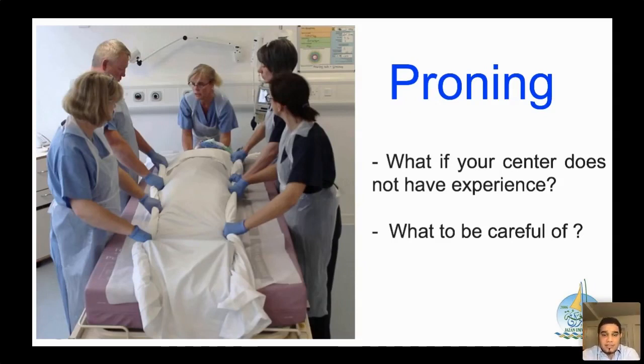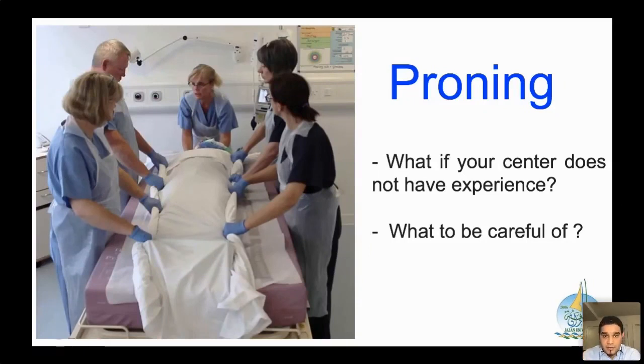So the easiest thing to do is to bring those nurses or the circulators in the OR and let them teach your ICU nurses, or a team you can delegate to be your proning team. And they basically teach them how to do it safely, okay?